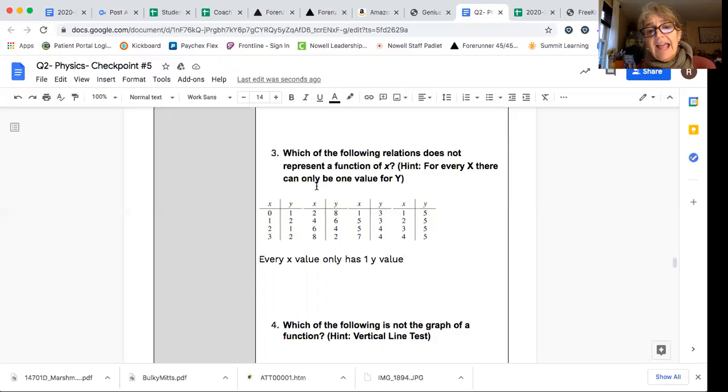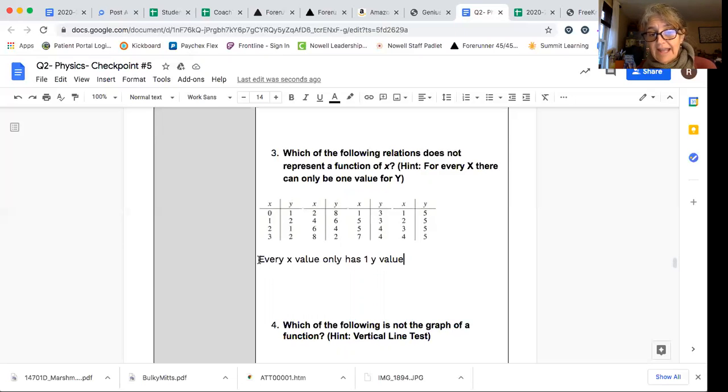So let's look at the next table. 2 is always 8, 4 is always 6, 6 is always 4, 8 is always 2. Fine. Let's look at this one. 1 is always 3, 5 is always 3. Uh-oh, 5 is now 4.